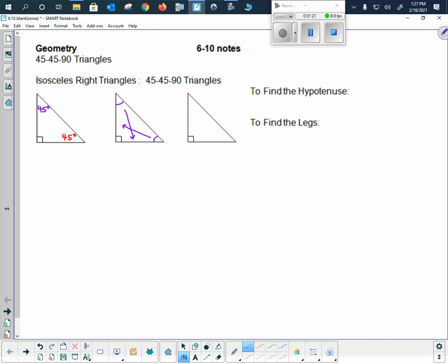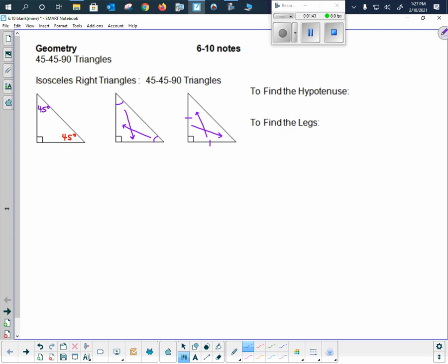And last but not least, they may actually just label the sides, right? If those are marked the same, then same thing in reverse. If the two sides are equal, then the two angles across from each other are equal. So in all of those scenarios, you'd have 45 degrees as both of the acute angles.